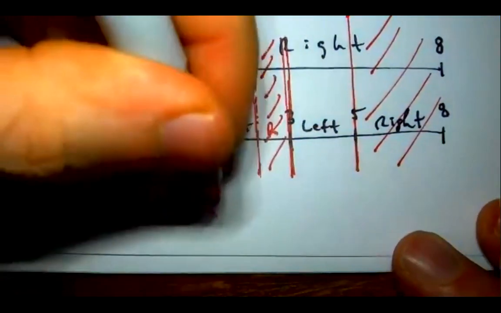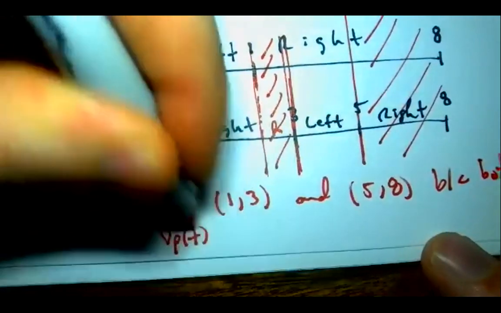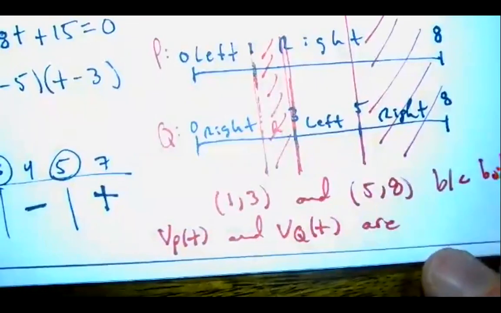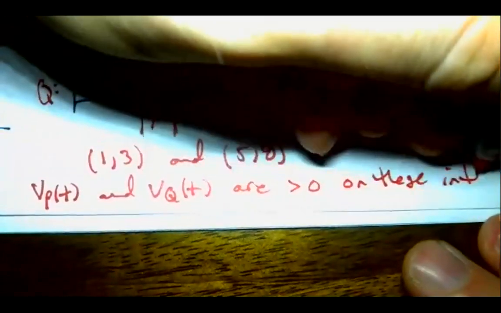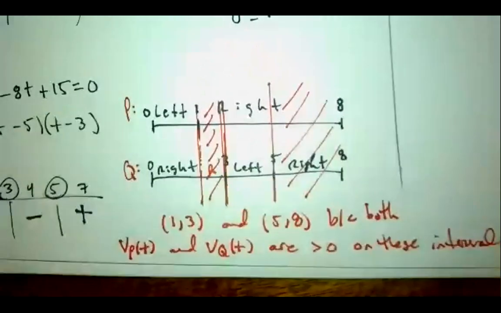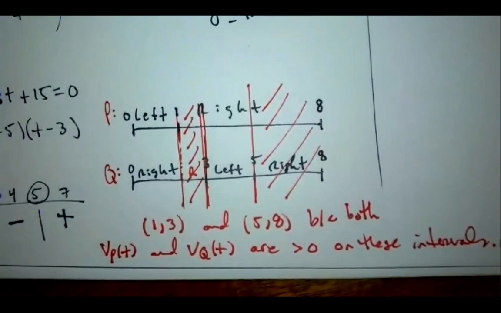I would say from 1 to 3 and 5 to 8, because both the velocity of P and the velocity of Q are greater than 0 on these intervals, something like that. So hopefully that makes sense as you start to see these, because all those ideas you're familiar with, now you're just doing them a little bit by hand. Do we have any questions on part B?